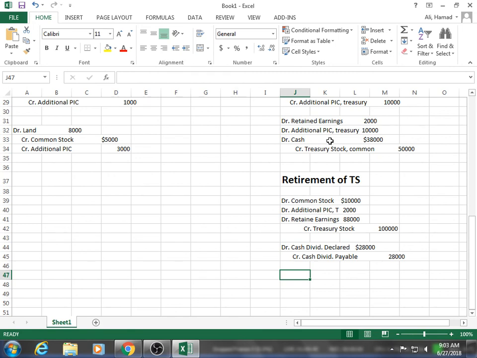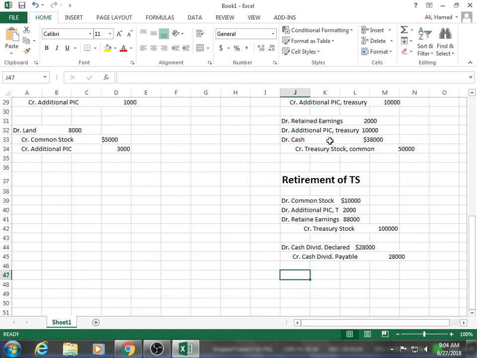This is the declaration of dividend. Once it's declared, the corporation must pay it. If it's not declared, there's no liability, but once it's declared, it becomes one. See, we credited dividends payable. That's a liability now. It has to be paid to the shareholders.